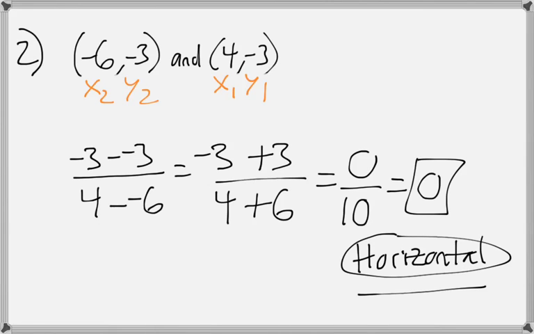And you would get the same answer. The numbers would work out. So that's fine. The only thing that you can't do is mix and match what you're calling the first point and what you're calling the second point. So if I call this x1, I have to call this y1. I can't call this y2. That's not allowed. So you have to match them up.